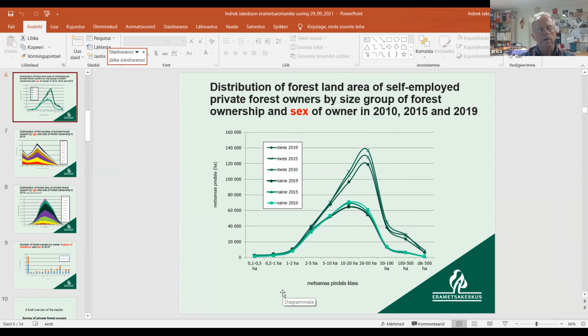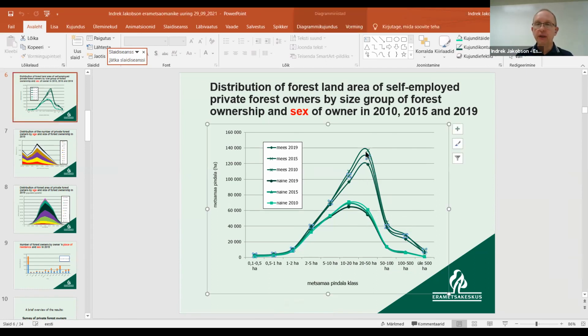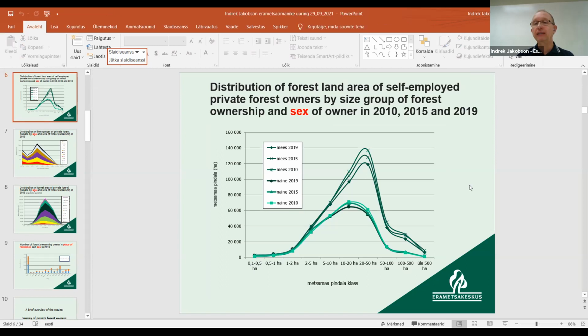The question is, is the number of forest owners growing? Can I read it like that? Nope. You can see here the number of forest owners.